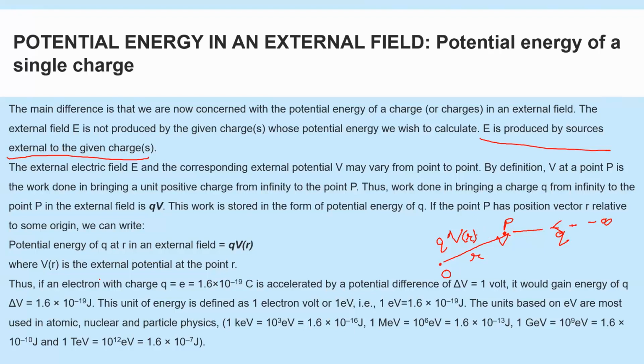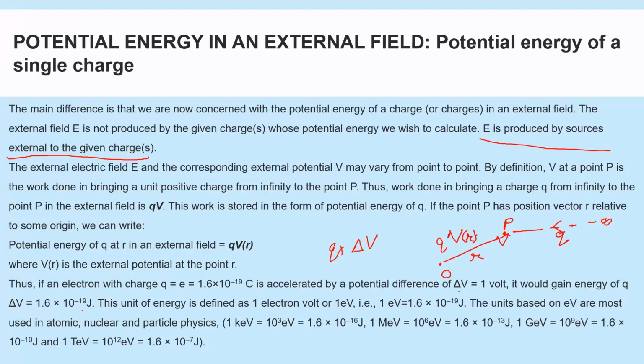So if you consider an electron with charge Q which is being accelerated by a potential difference of 1 volt, it would gain energy, the potential energy, of 1.6 into 10 raised to minus 19 joules, because your delta V is 1. If you multiply Q into delta V, that is going to give you the potential energy.